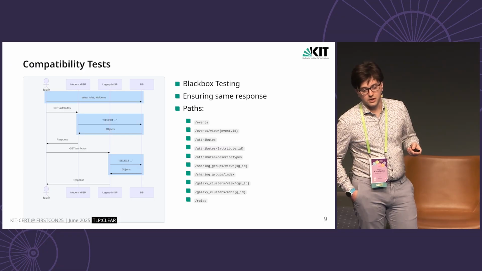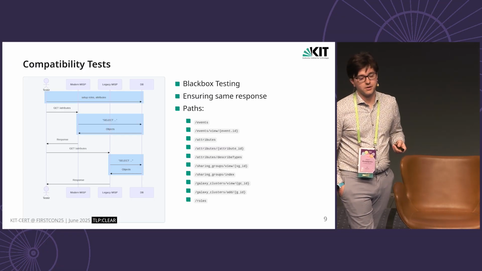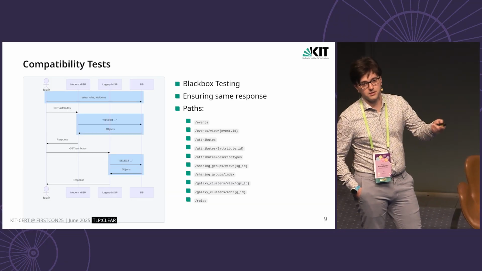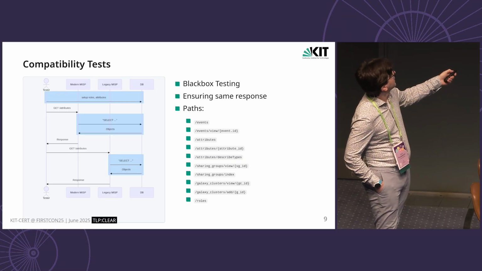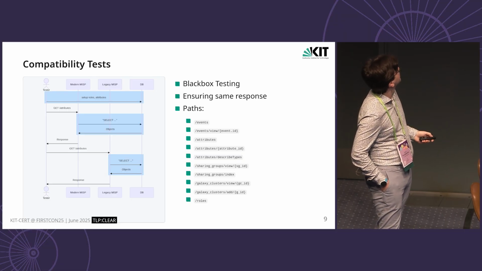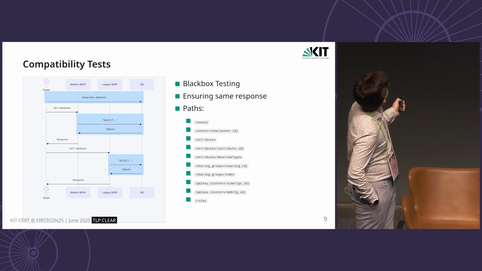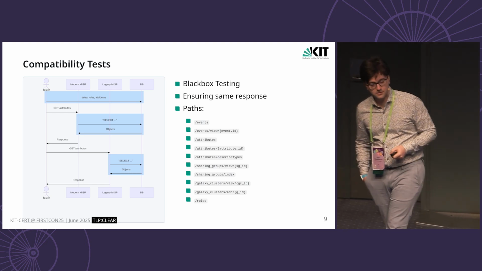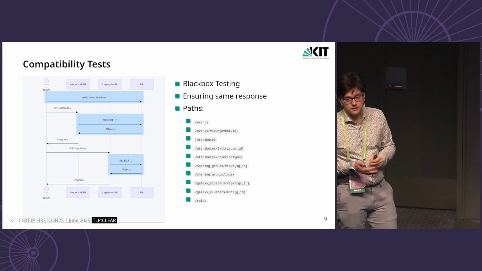And then we ask our Modern MISP, hey, please, for this endpoint, get me all events or get me the single event. You'll see the paths that we do test here. And after we have our response from Modern MISP, we ask Legacy MISP for the same endpoint with the same parameters, and then we can compare them. They should be roughly equal.